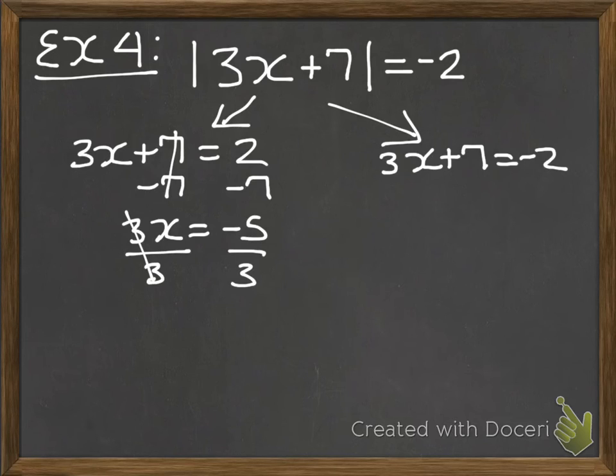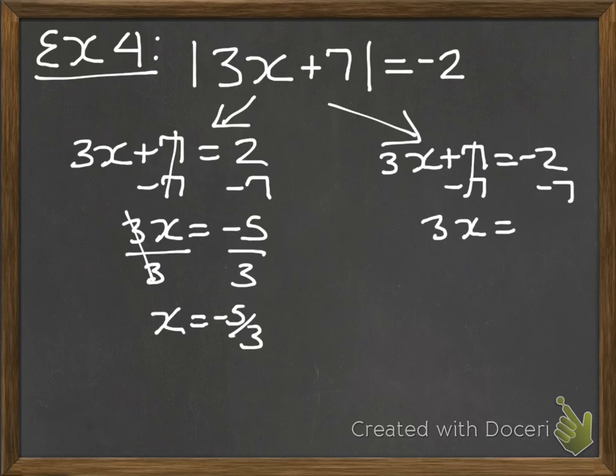I'd have that one possible solution would be that x equals negative 5/3. On the other side, subtracting 7 from both sides, 3x equals negative 9, divide both sides by 3, and I'd have another possible solution that x equals negative 3.